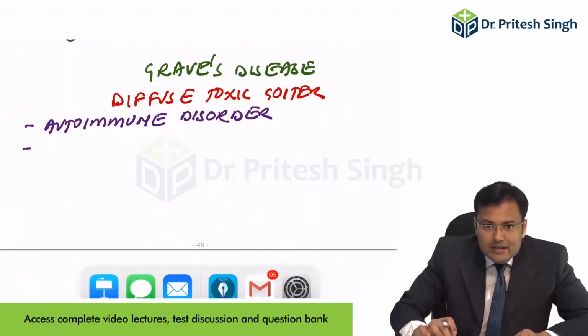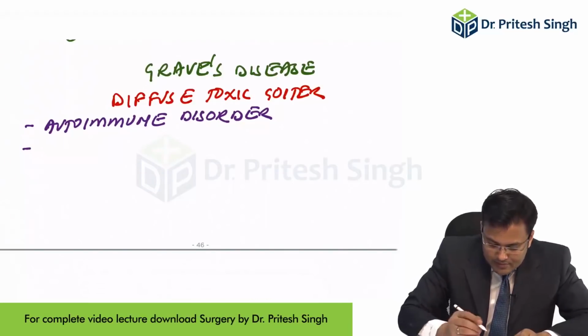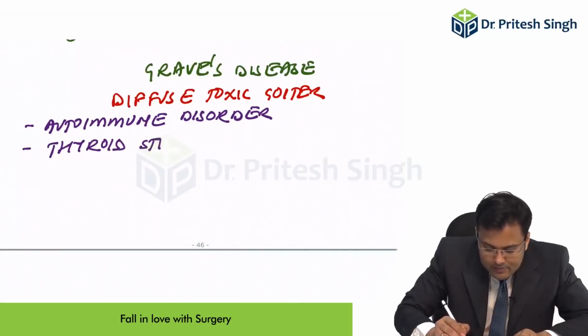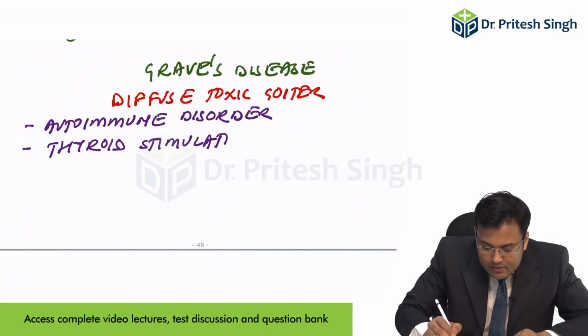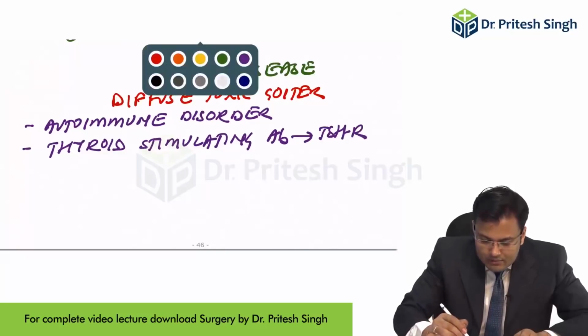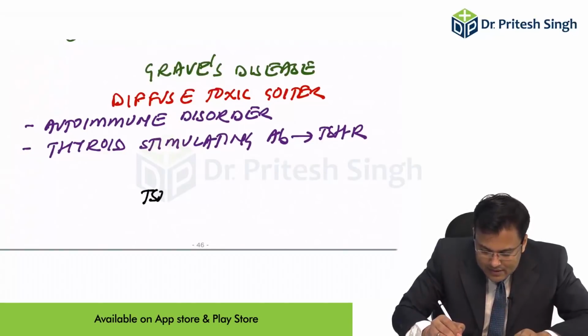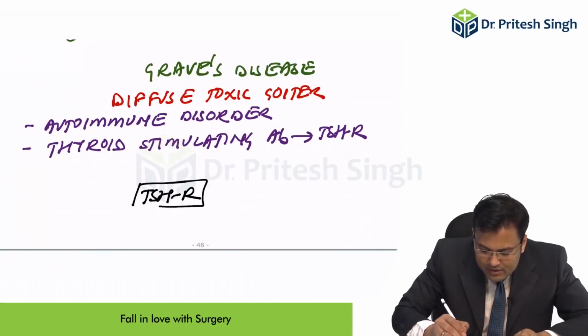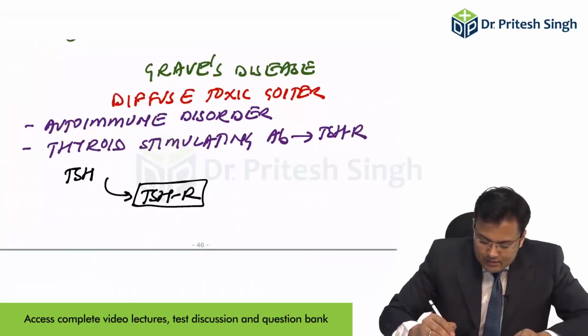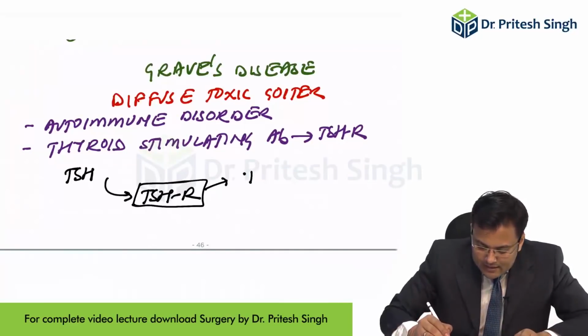So it is characterized by autoantibodies against, so there is thyroid stimulating autoantibody against TSH receptor. Now have a look. This is TSH receptor. On this TSH receptor, which hormone is working? Obviously TSH. Because of this, there is release of T3 and T4.